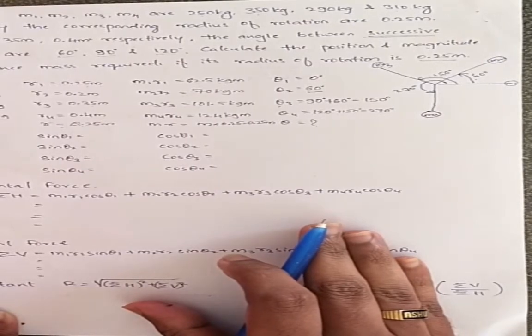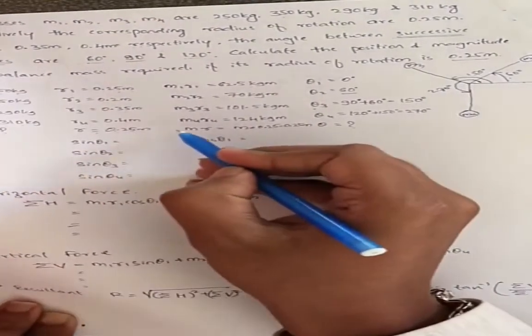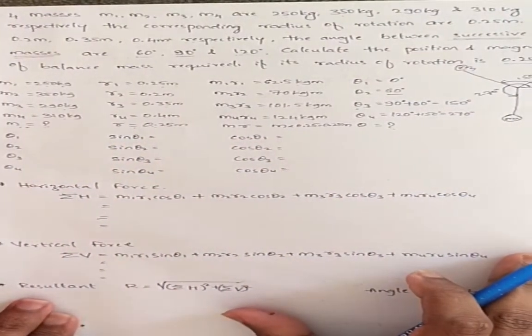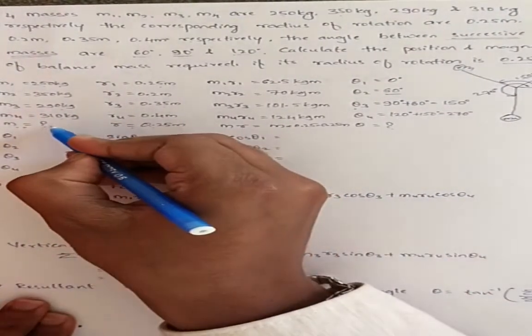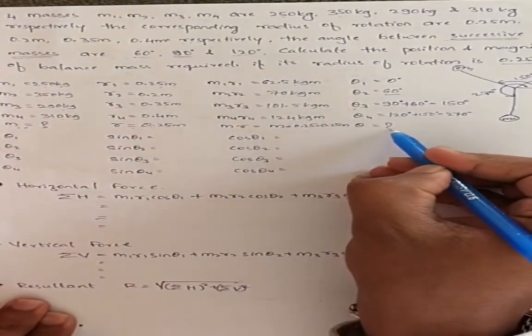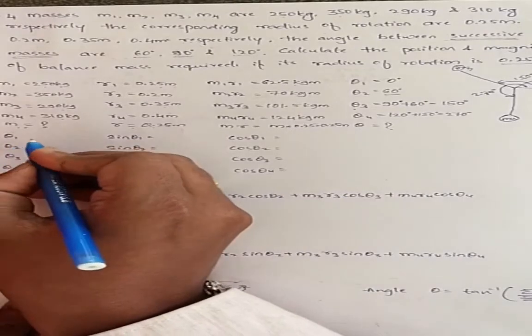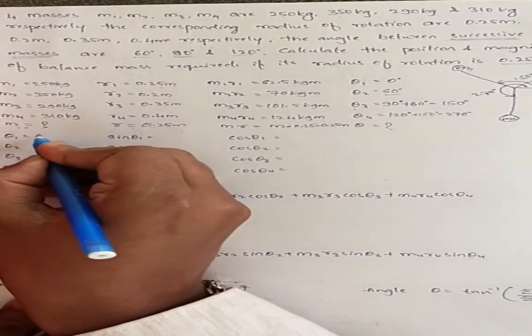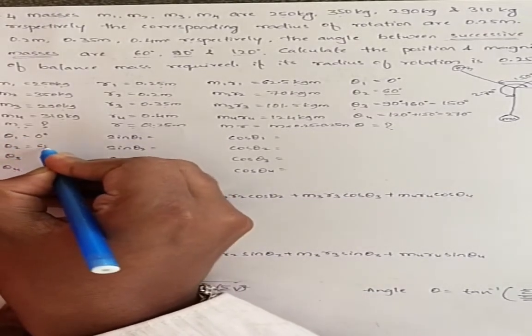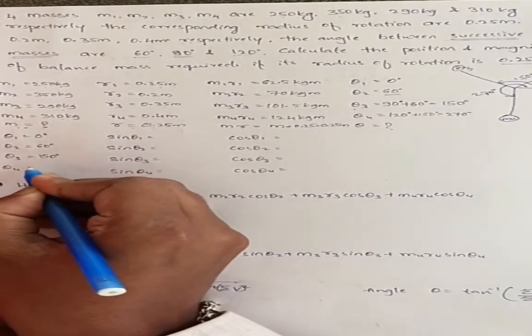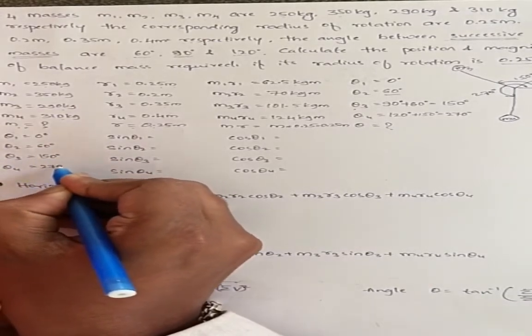Now we have to find the balanced mass, and the balanced angle as well. So we'll go on writing the angles: theta 1 is 0 degree, theta 2 is 60, theta 3 is 150 degree and theta 4 is 270 degree.